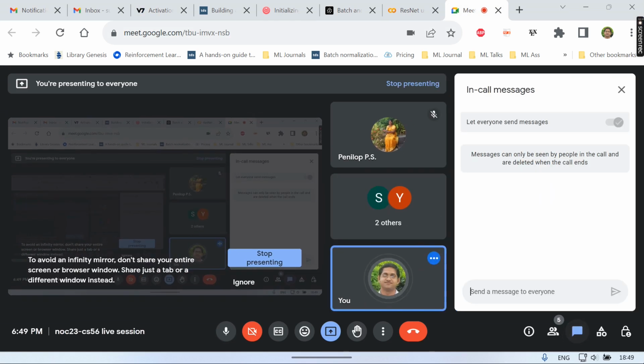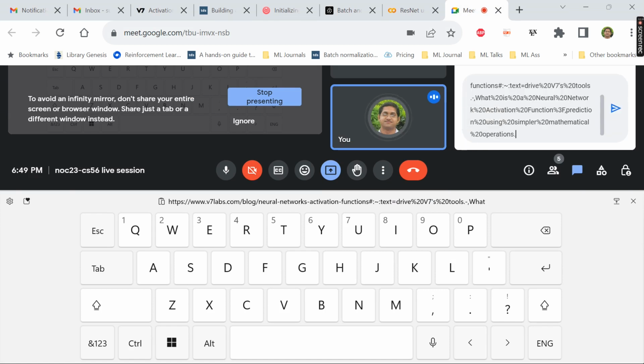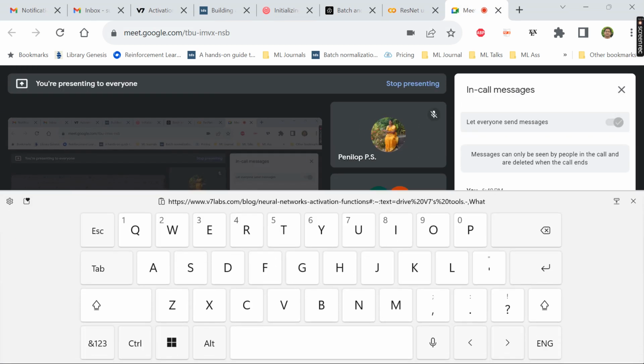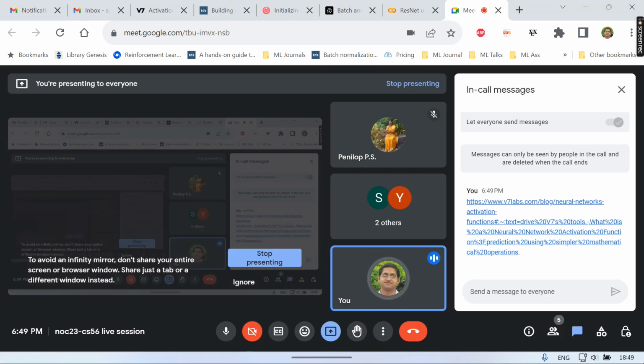I'm sharing it in your chat box. If you follow this blog, you will get familiar with some more activation functions which are much more recent and can be better than ReLU or leaky ReLU.